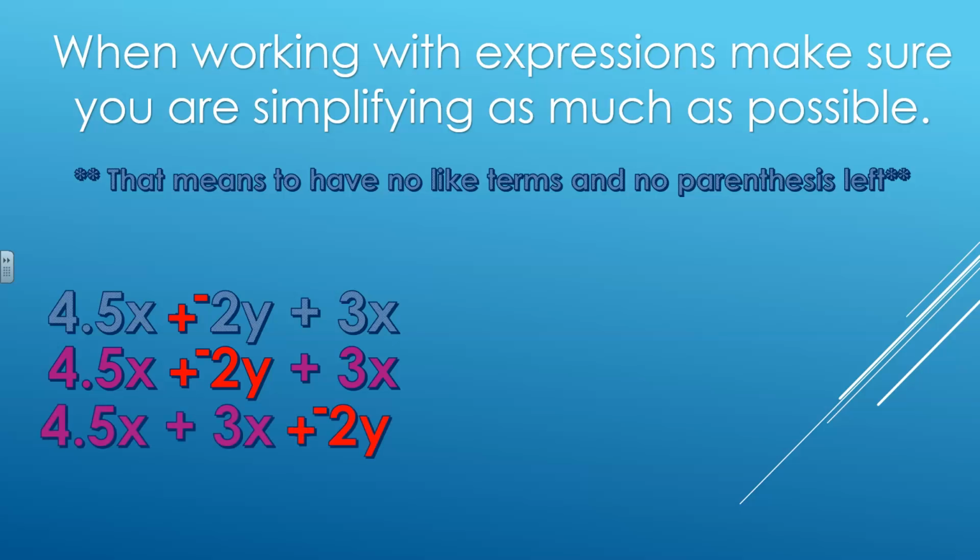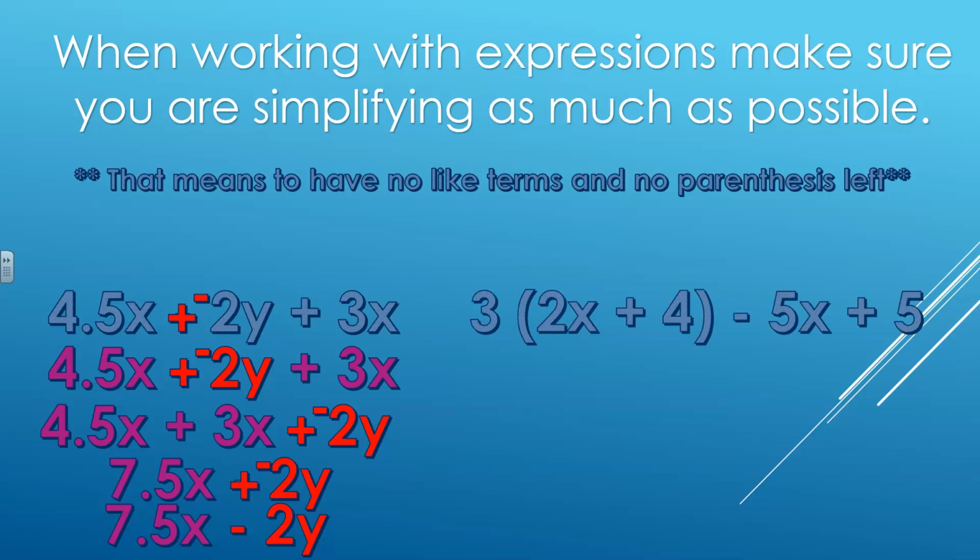So I have 4.5x plus 3x plus negative 2y. I can add those x's together, and I'm going to end up with 7.5x plus a negative 2y. Now remember, when we are adding that negative, that is the same thing as subtracting. So we really could write it as 7.5x minus 2y.